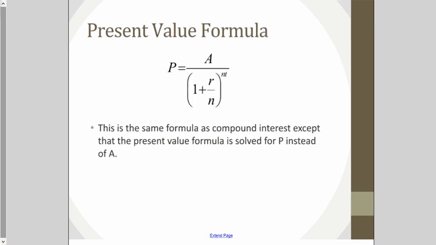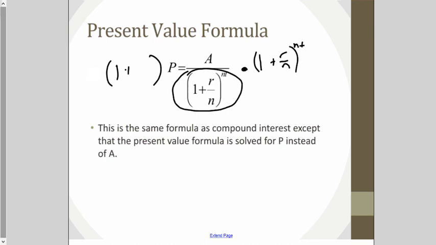Now, this formula should still feel familiar. Look, if you multiply both sides of this equation by the bottom, 1 plus r over n to the nt, boom, that cancels.